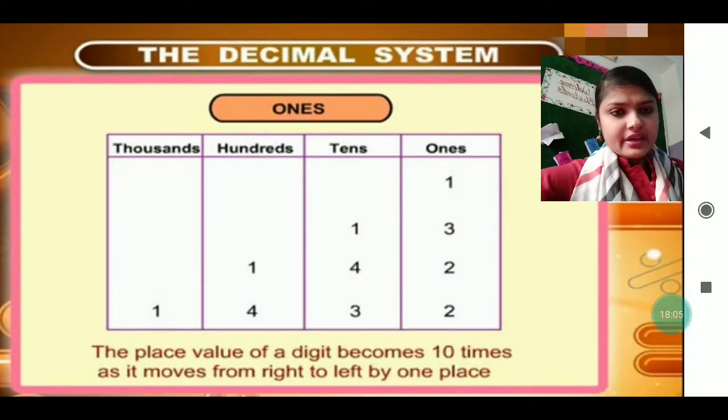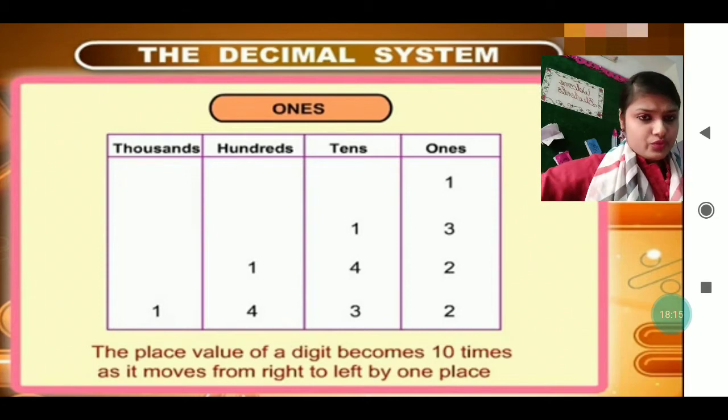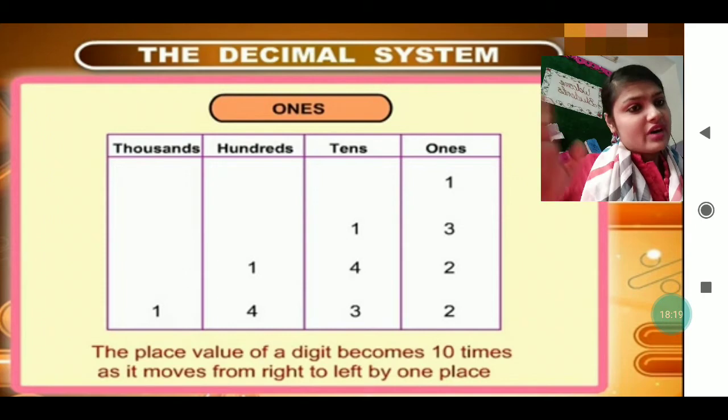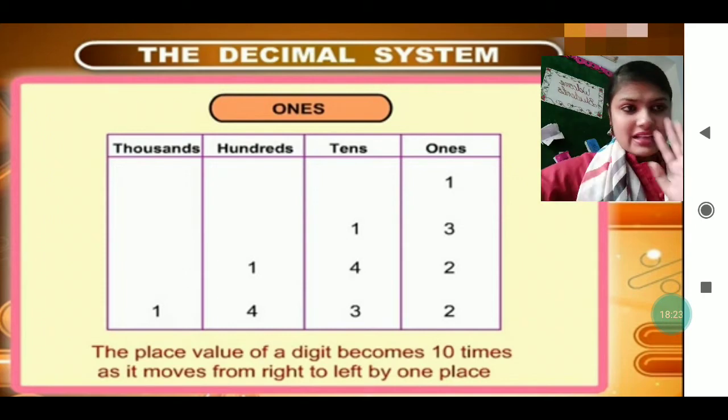Now it is written here, the place value of a digit becomes 10 times as it moves from right to left by one place. Okay, when it moves from right to left by one place, every time it increases 10 times, as you have seen.